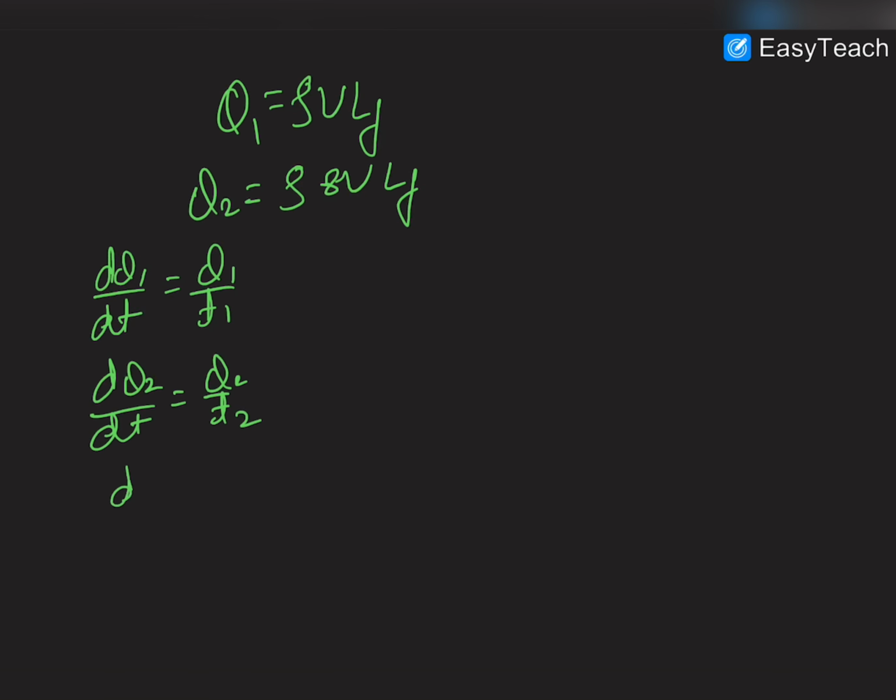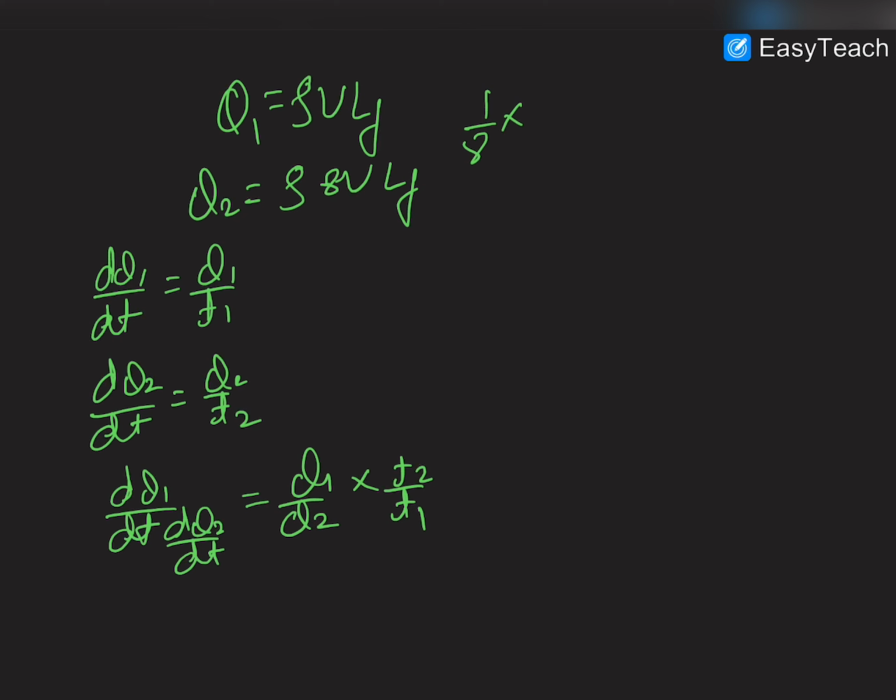So dq1 by dt upon dq2 by dt will be equal to q1 by q2 upon t2 by t1, and this q1 by q2 is equal to 1 by 8, so 1 by 8 into t2 by t1.